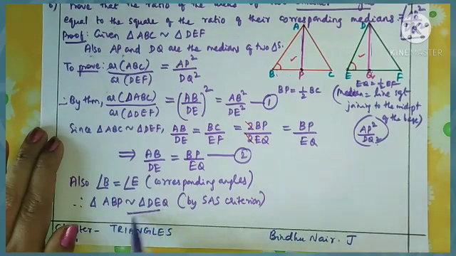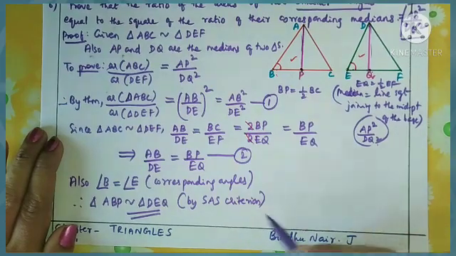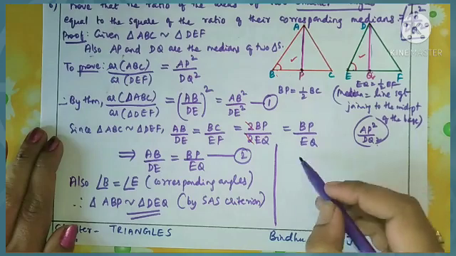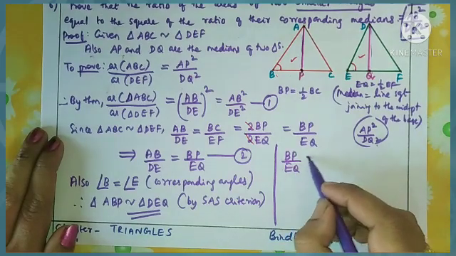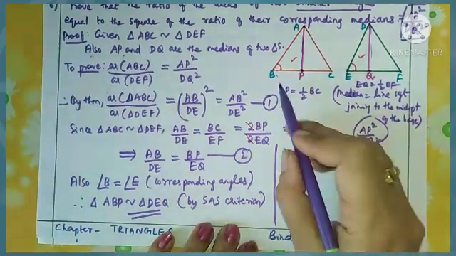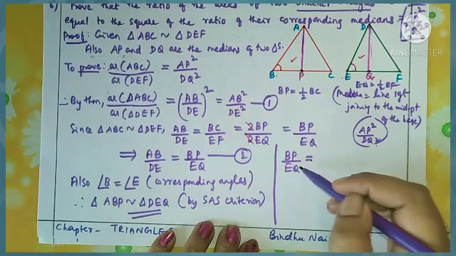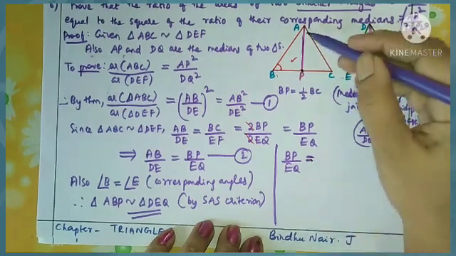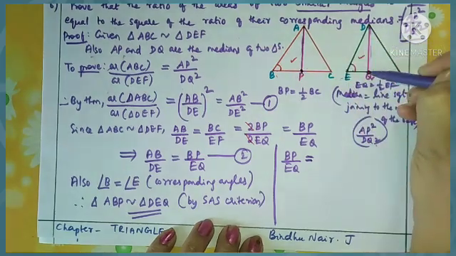We got that these two triangles are similar. When two triangles are similar, can you write BP by EQ is equal to the corresponding AP by DQ?